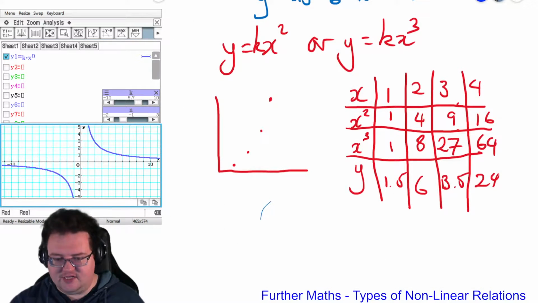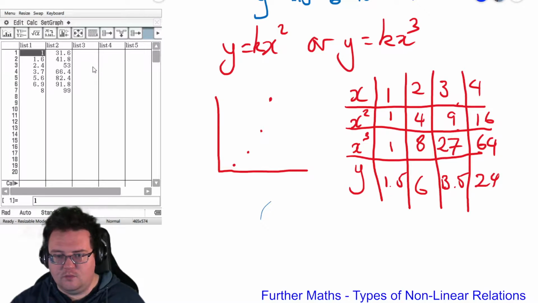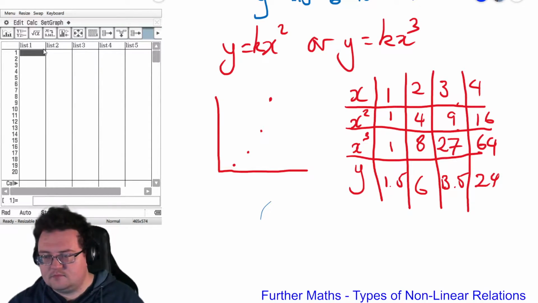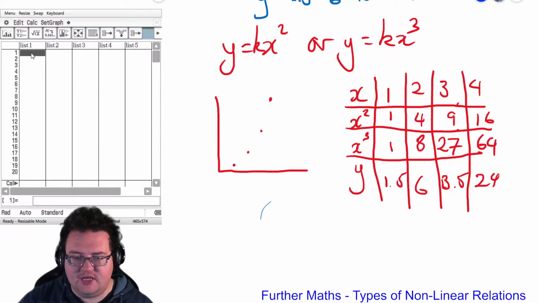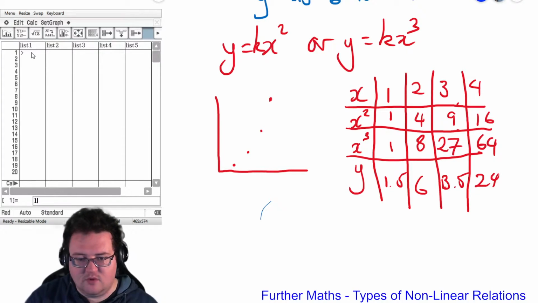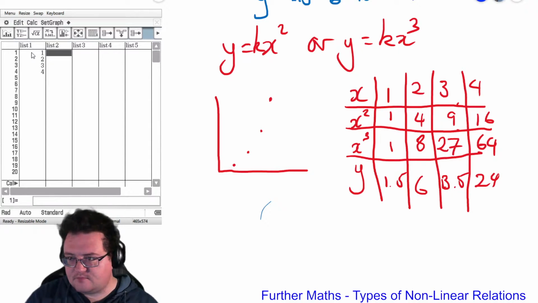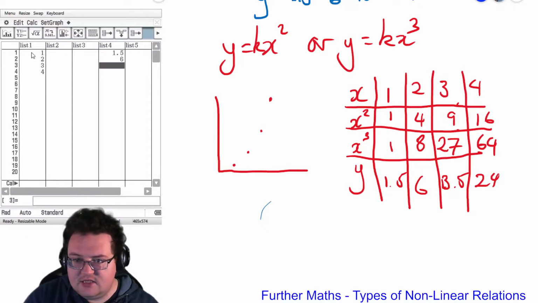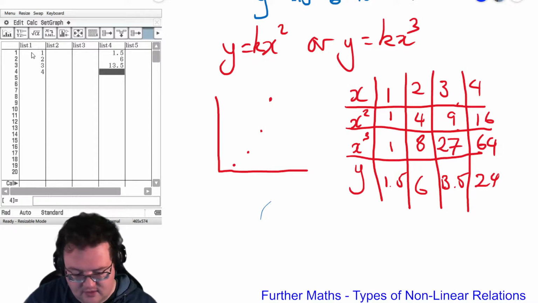is if we go to our CAS and go into statistics. We're bringing back some old stats information here. And then in list 4, we're going to put 1.5, 6, 13.5, and 24.